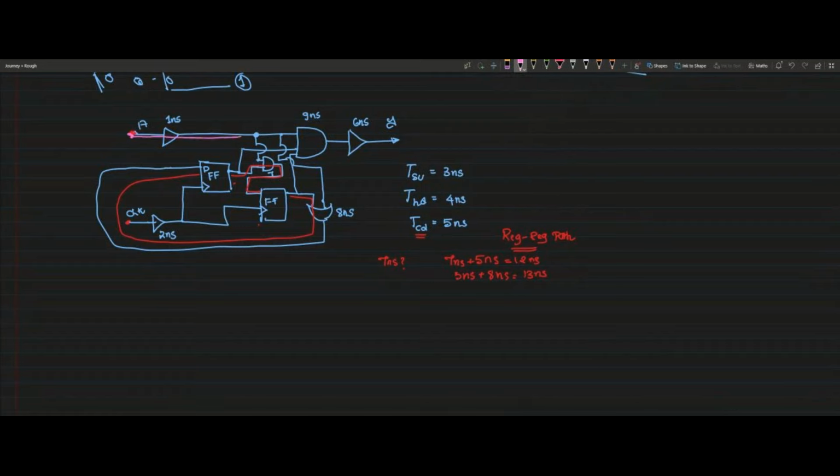One is this path, coming through this way and this way, and another path is this path. Do we have any other paths from input pin to register?